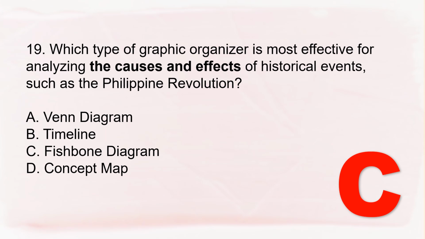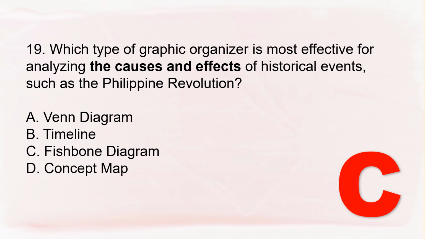The best answer is letter C. The fishbone diagram. This graphic organizer is used to organize causes and effects of an event, making it ideal for examining historical events and their contributing factors.